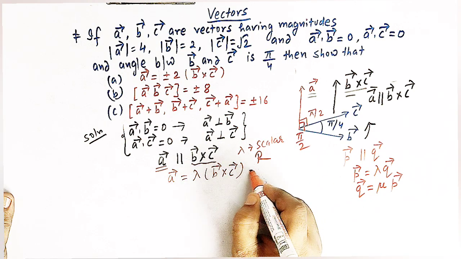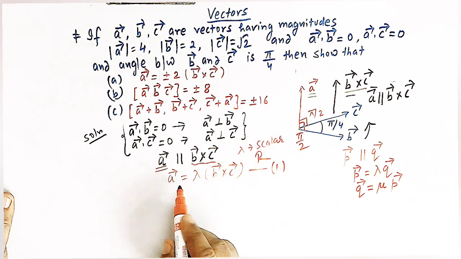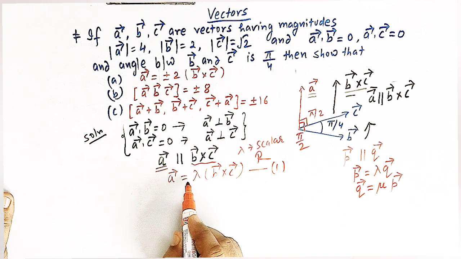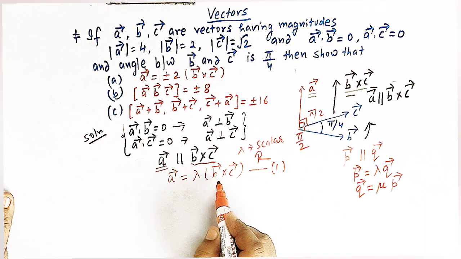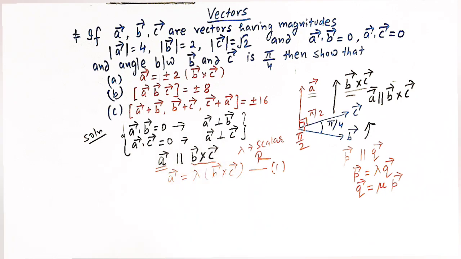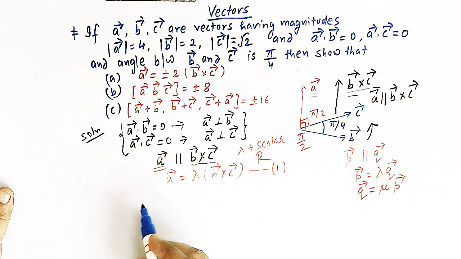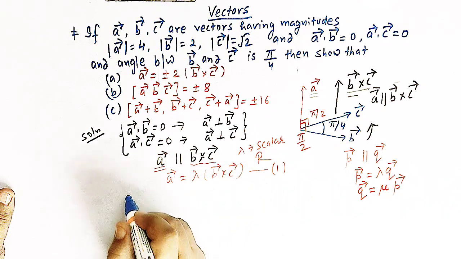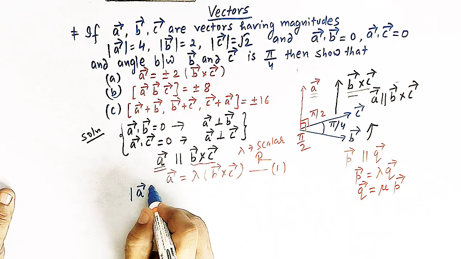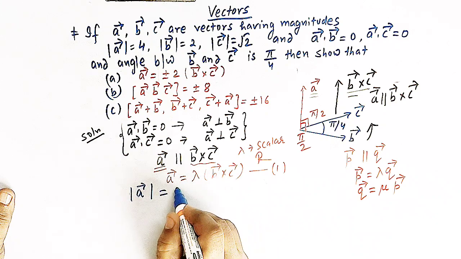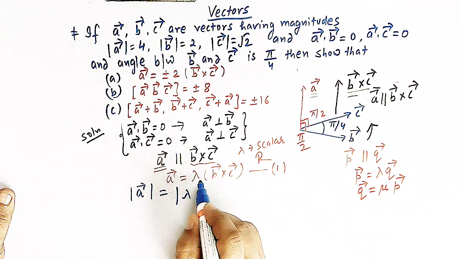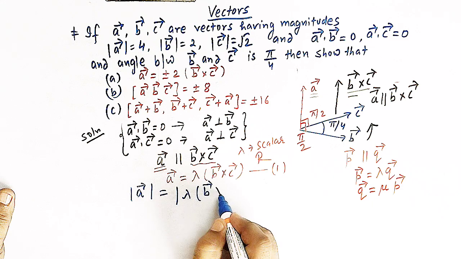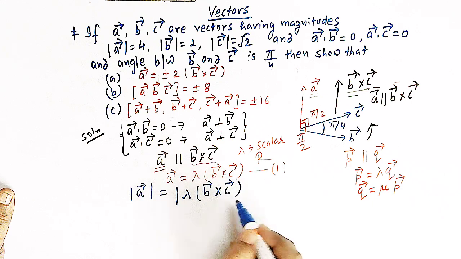So we now have this vector equation, that is vector A is equal to lambda times the cross product of vector B and vector C. Now taking the magnitude of both sides, we have the magnitude of vector A, and then the magnitude of lambda B cross C, right?